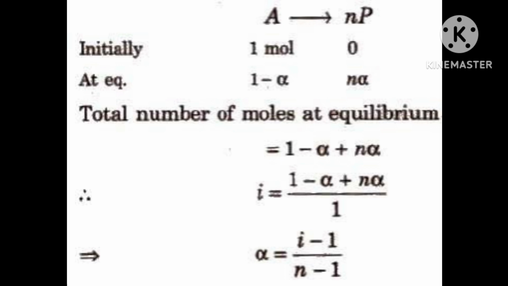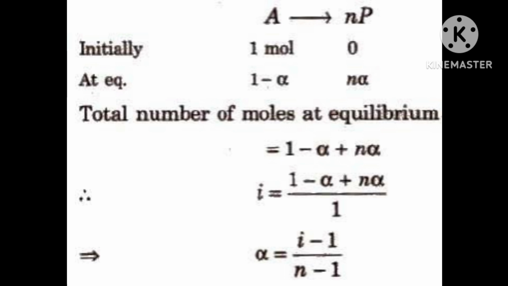Therefore, the degree of association of benzoic acid in benzene is 99.2%. Correct? How? Because in one mole you got the x value, x is equal to 0.992.